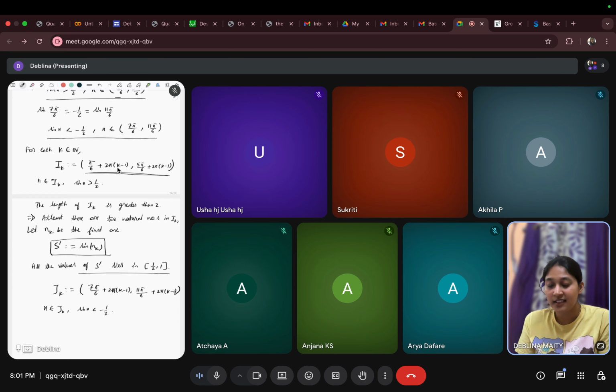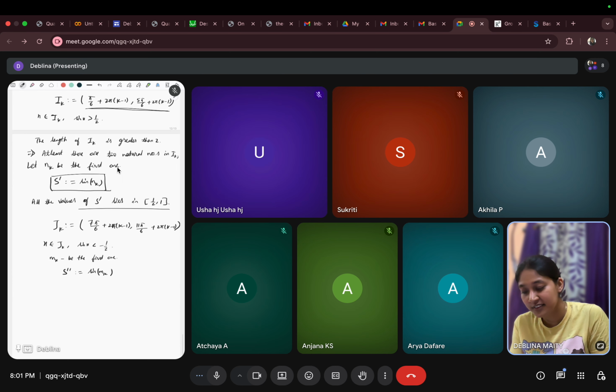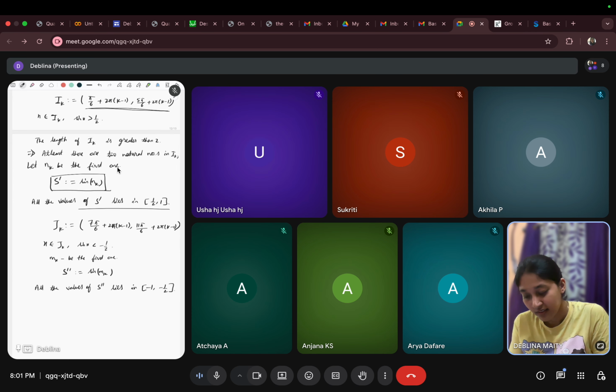This length is also greater than 2, so there are 2 natural numbers in this Jk, and let mk be the first one. We denote by S double dash the collection of sin mk. All the values of S double dash lie between minus 1 and minus half.